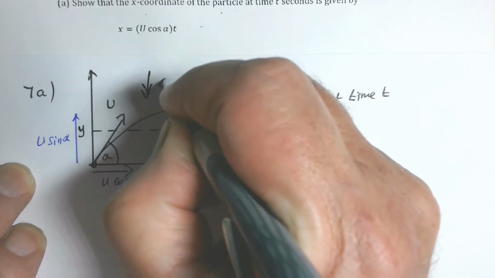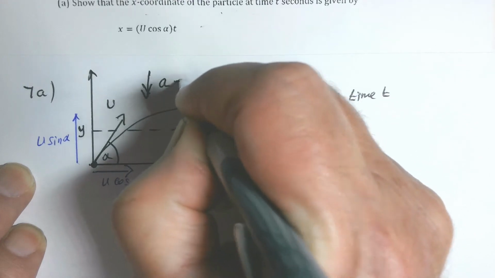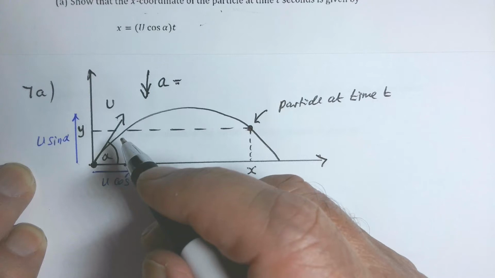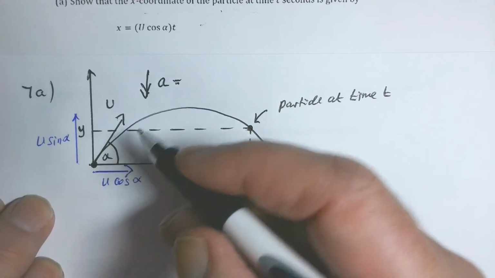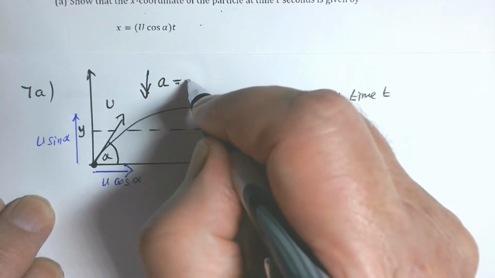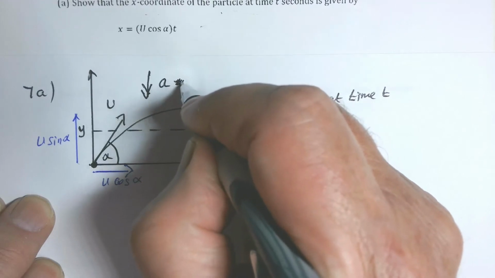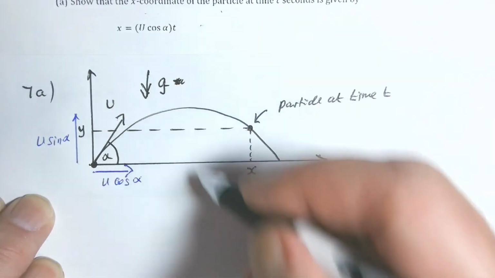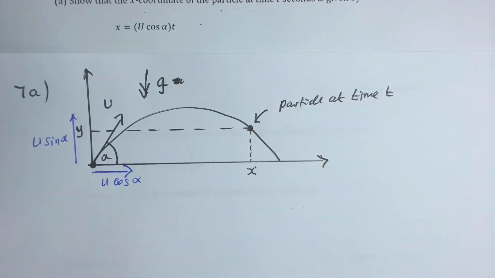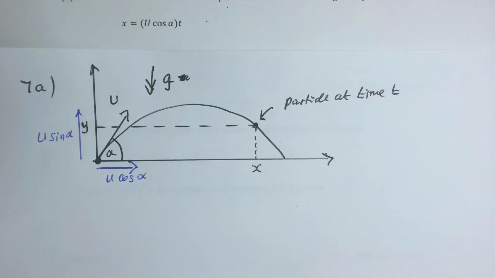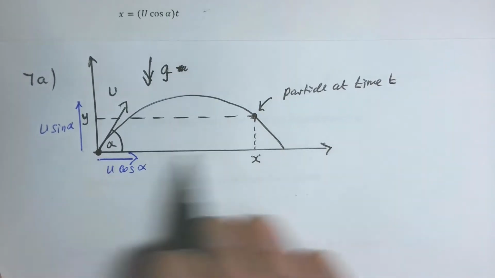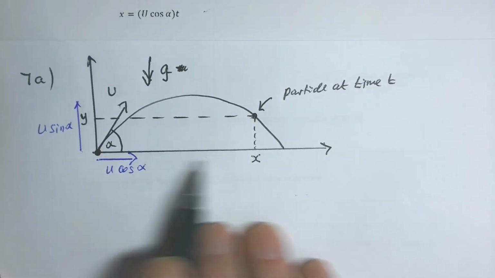The acceleration a is acting downwards, and we usually use the symbol g for the gravitational acceleration, so I'll just call it g.